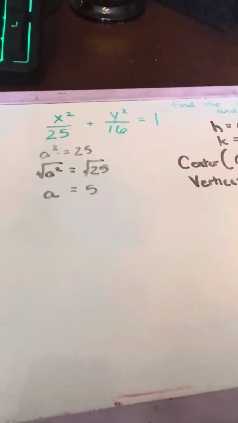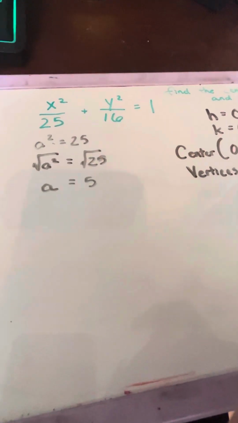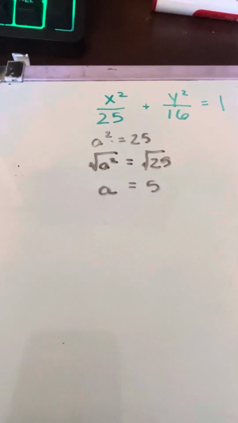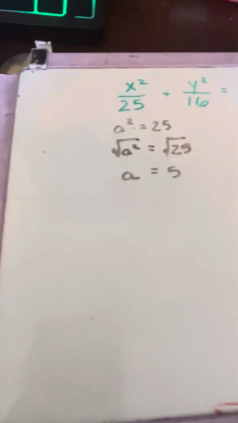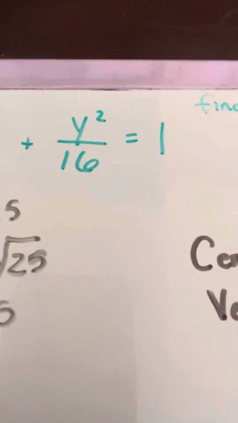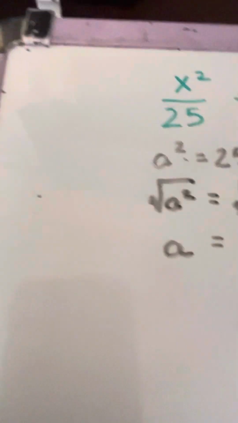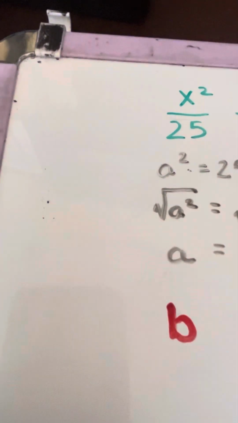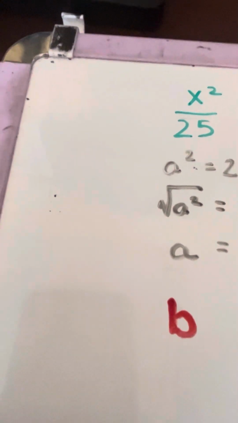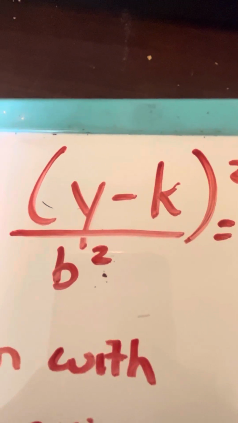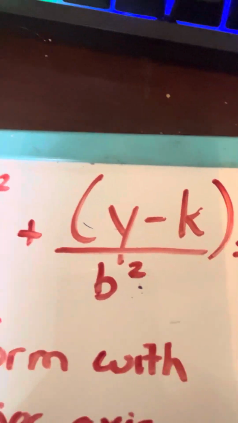Now we also need to find our minor axis. Our minor axis is going to be the smaller one, so we're going to look at y squared over 16. We're going to do the exact same thing and find out what b is, because our formula there has y minus k over b squared.